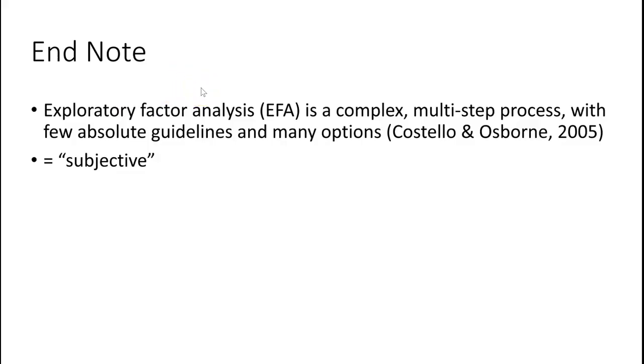So if your plan is to look at dimensionality and structure of an underlying set of questions or items assumed to be coming from the same data generating source, then you absolutely must have a large enough sample to split it in half, do an exploratory model first and a confirmatory model second.